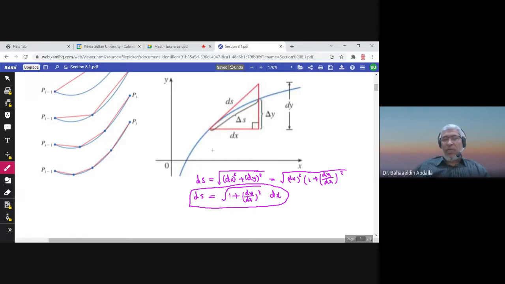And if you take ds as small a portion of the curve as possible, then the tangent line to the curve with length ds would be very close to the actual length of the small arc.